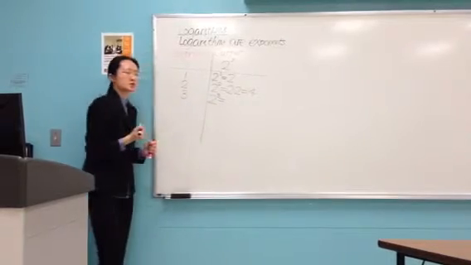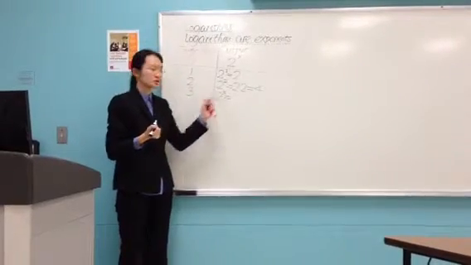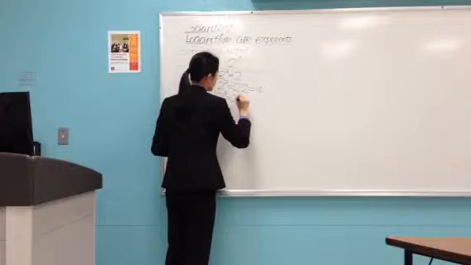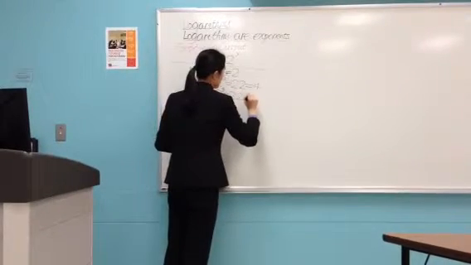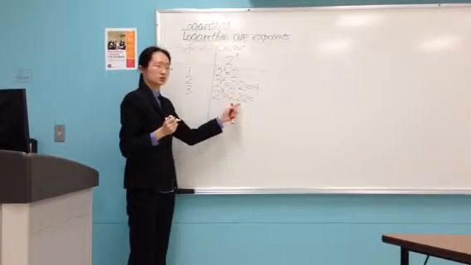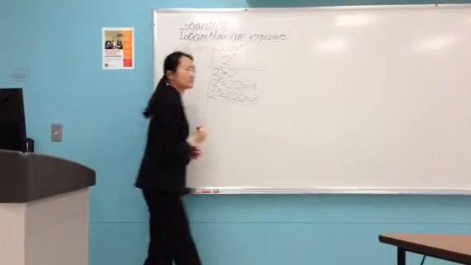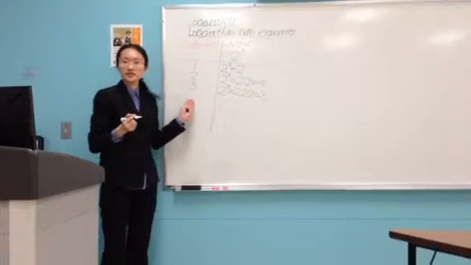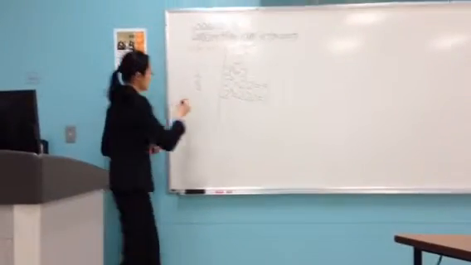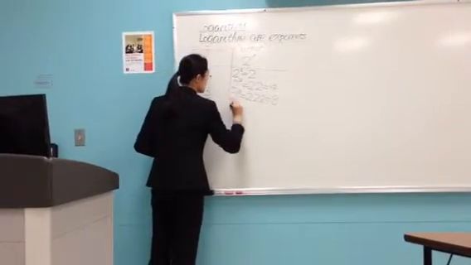If input is 3, output is 2 to the third power, which is 2 times 2 times 2, is 8. Okay? Are we good so far? Everybody good?